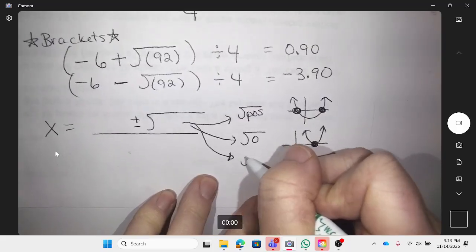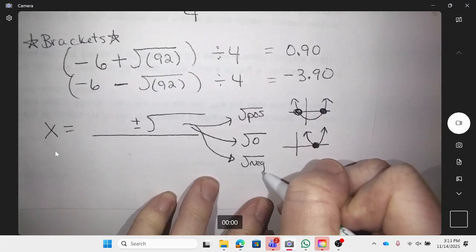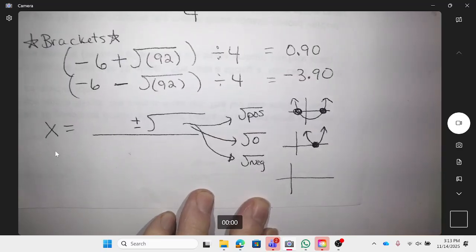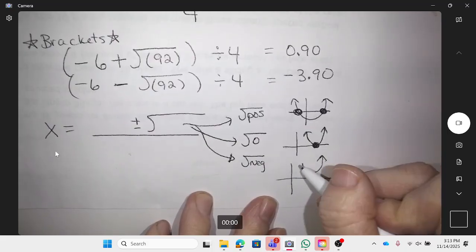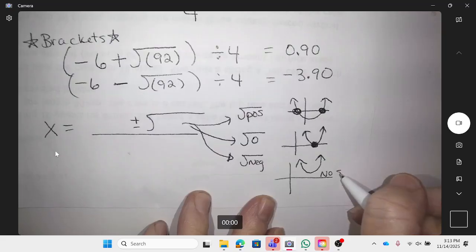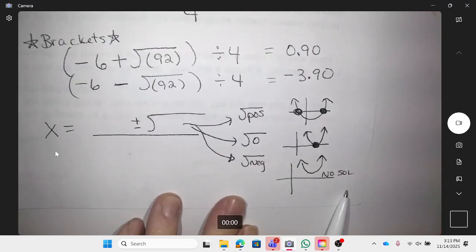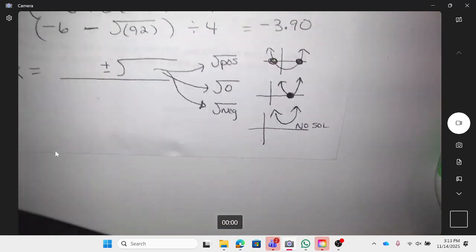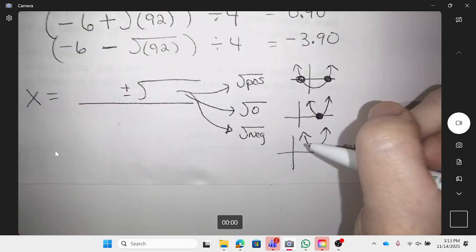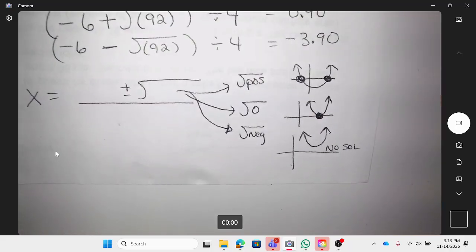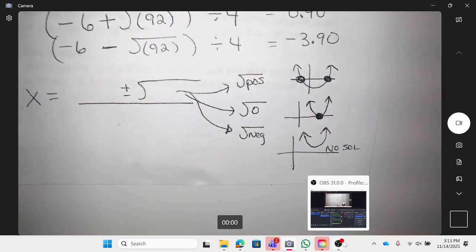And last but not least, if that is the square root of a negative, what's that all about? Look at that thing. What's it going to do? Never hit the axis, right? There's going to be no x-intercepts. Okay? You guys know that you can't square root negative numbers in math, right?